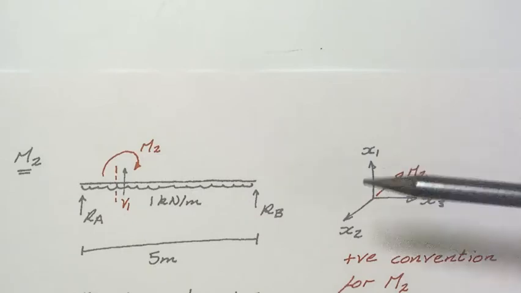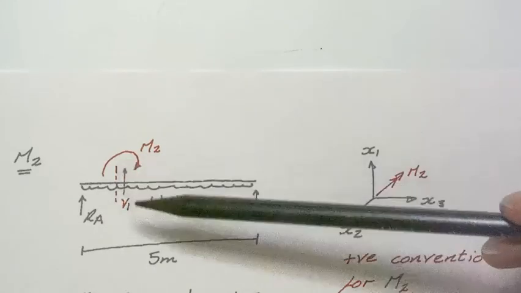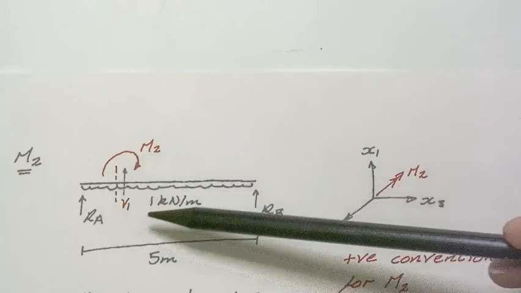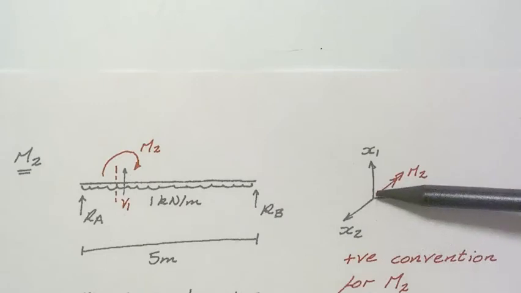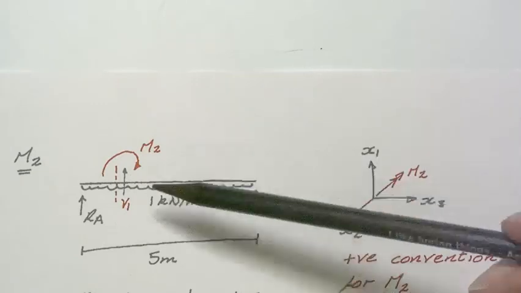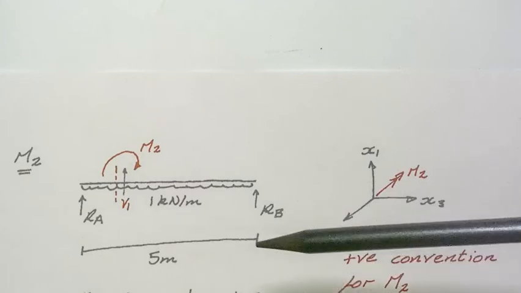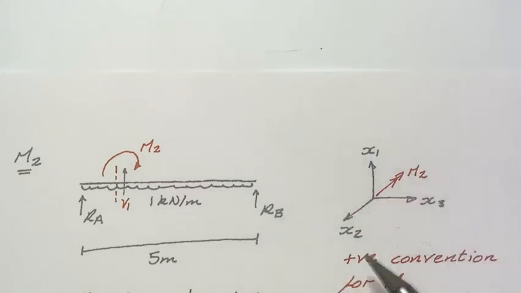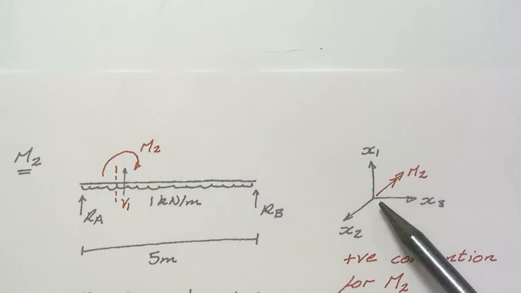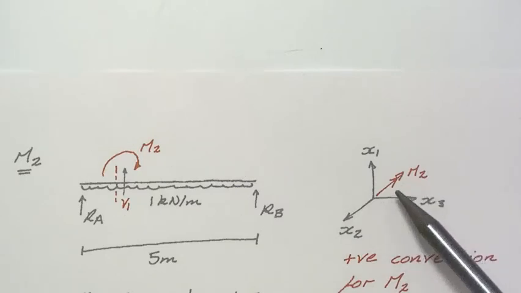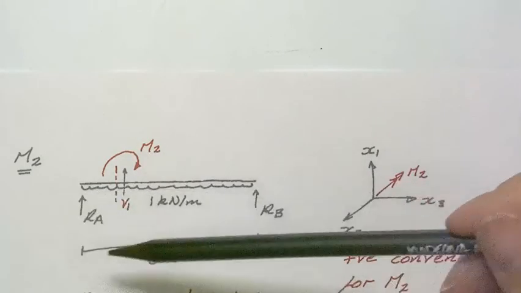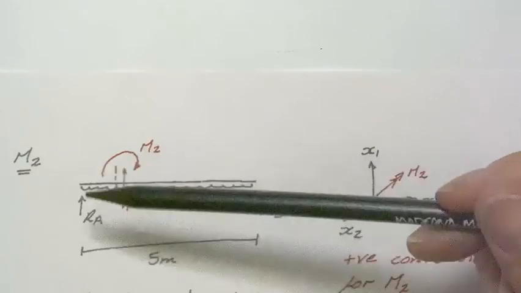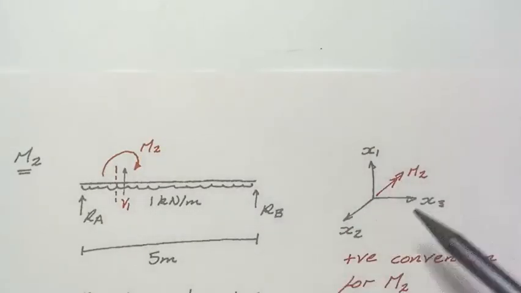What that leaves us with is, at the cut, effectively the same set of conventions for the shear force. V1 this time is the shear force in the X1 direction, and M2 is the bending moment about the X2 axis. But because with the positive convention we're pointing the double-headed moment arrow in the negative X2 direction, when we look in the X1, X3 plane this leads to a very similar convention to M1.